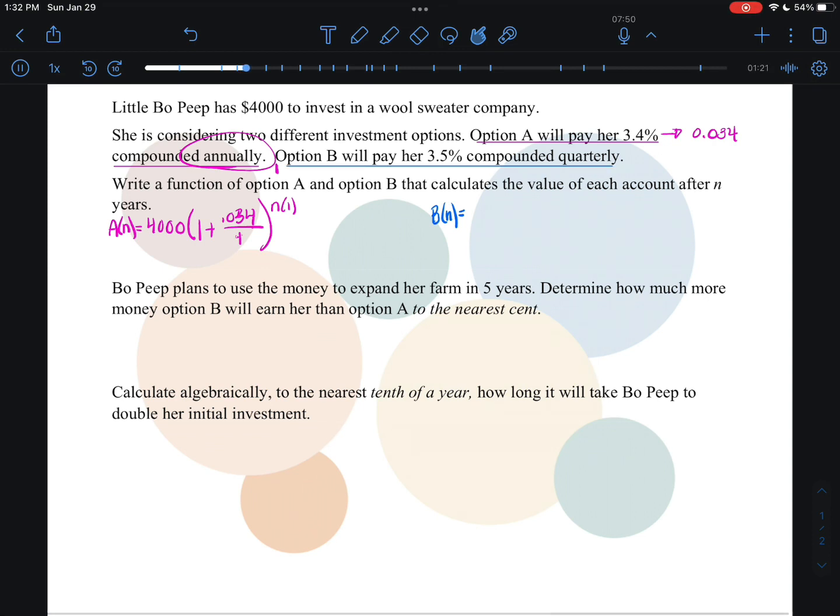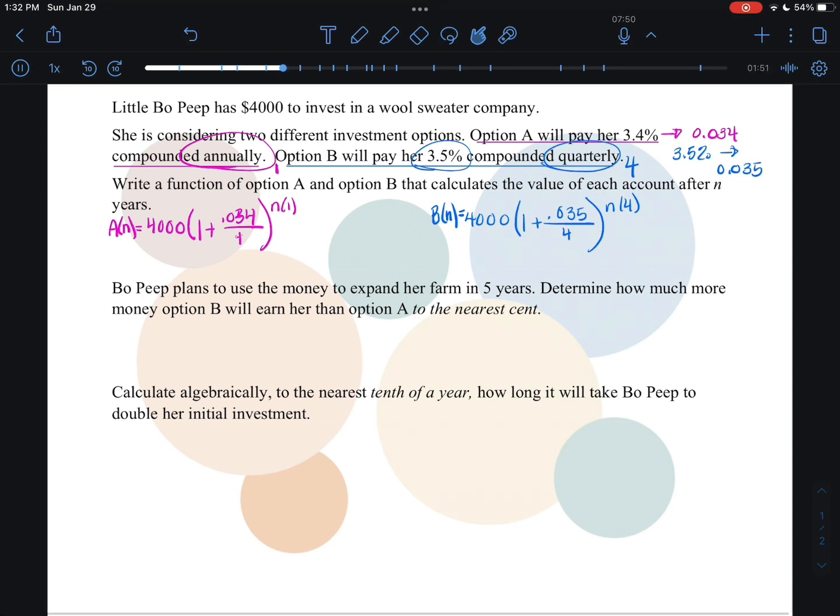So option B, I'm going to write as 4,000 times (1 plus 0.035 over 4) to the 4th. Got those because the 3.5% is going to give me 0.035, and quarterly would mean 4.